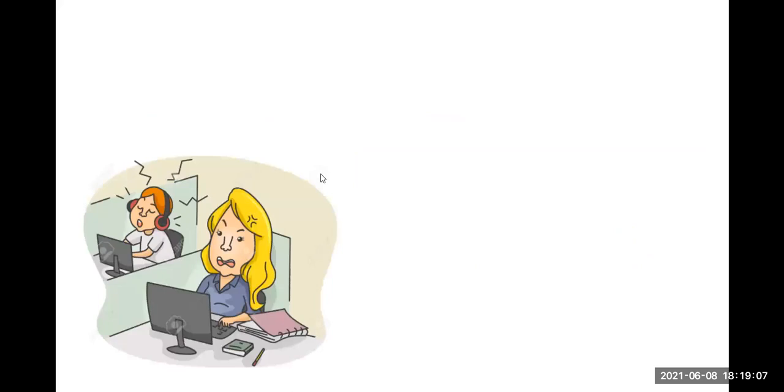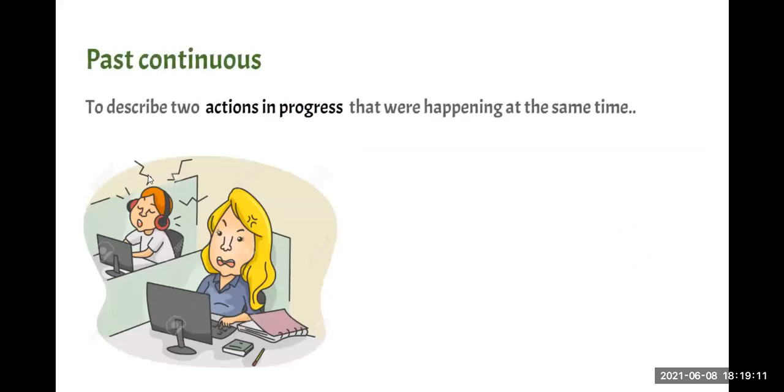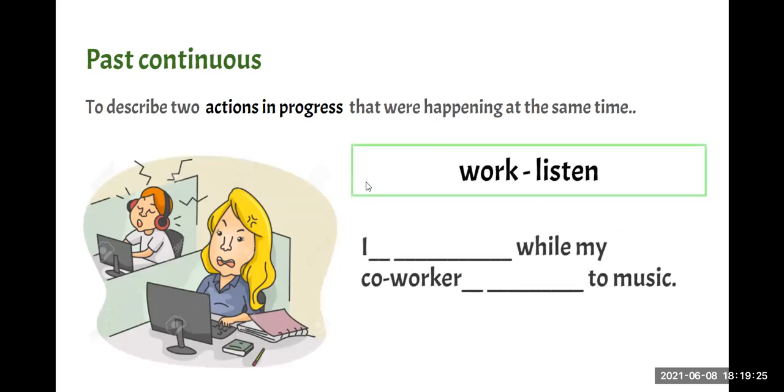Let's see the other action. It says, we also use the past continuous when we are describing two actions in progress that were happening at the same time. Two actions in progress, okay? What can we say here with these two verbs?